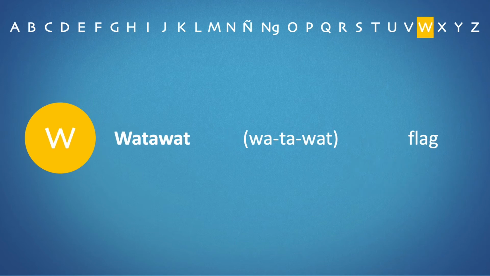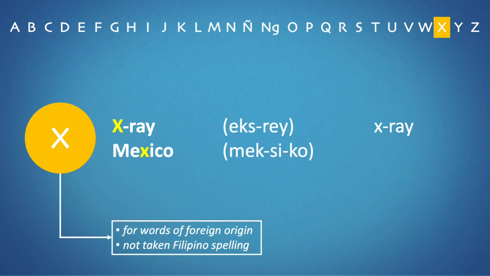W. Watawat, meaning flag. The letter X. The letter X is used for words of foreign origin. For example, X-ray, which is a loan word from English. Another example is Mexico.